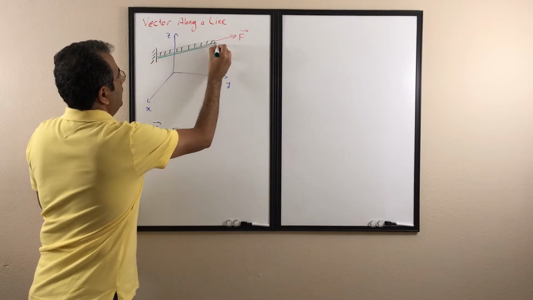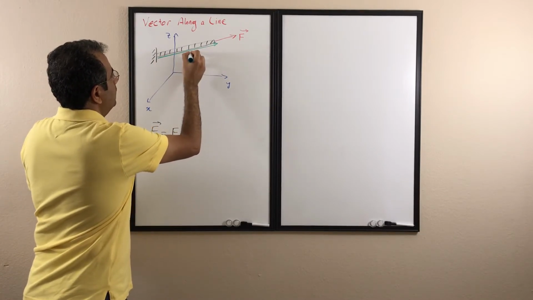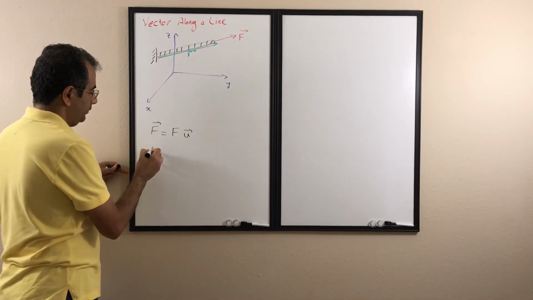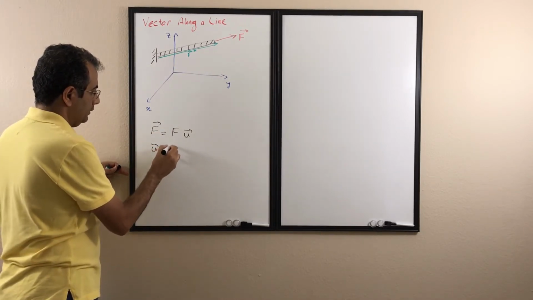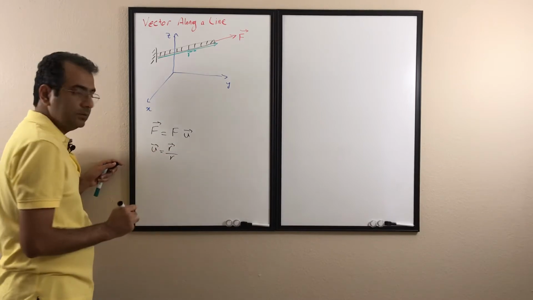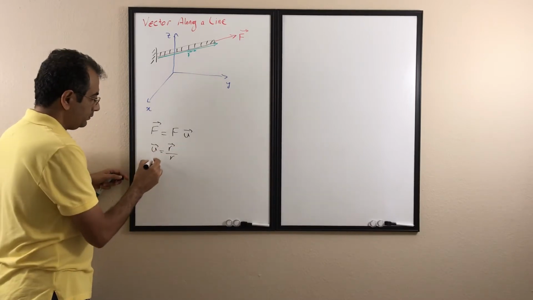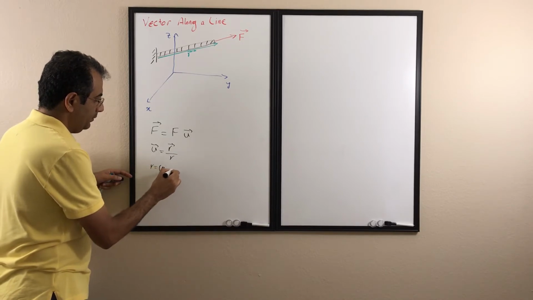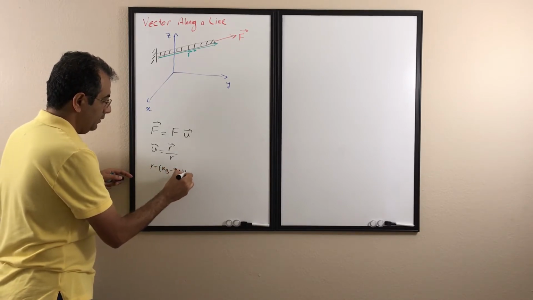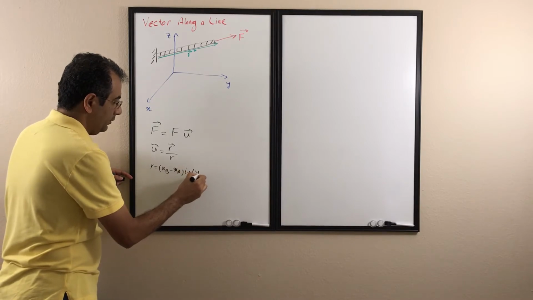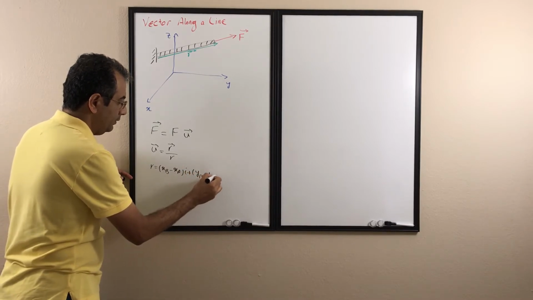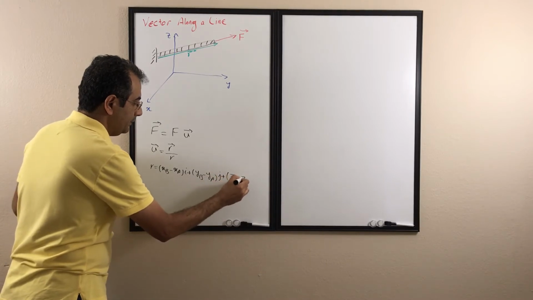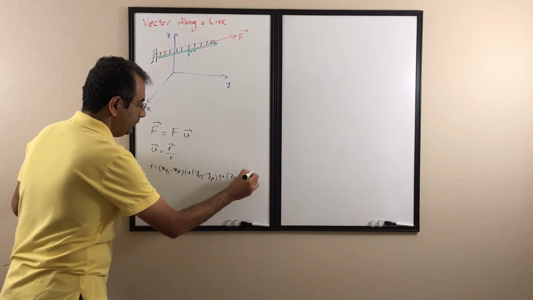If I define that as r, the unit vector is r divided by its magnitude, and r is (xb minus xa) i plus (yb minus ya) j plus (zb minus za) k.